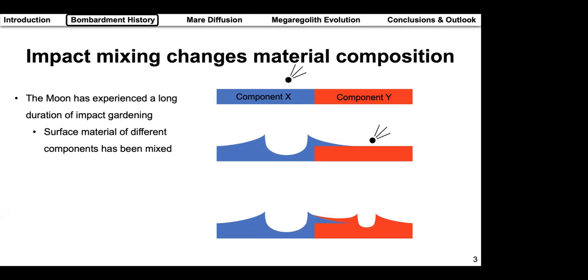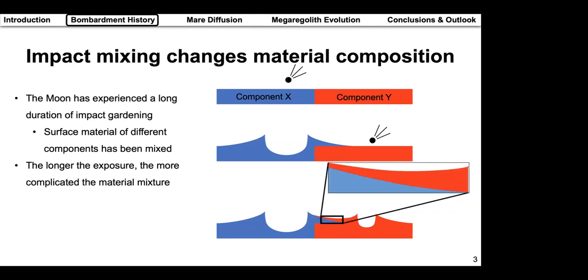As you can imagine, with time going by, the material composition will become more and more complicated. If we assume that these different colors represent materials of different components, it will be similar to these variations here, becoming more and more colorful.